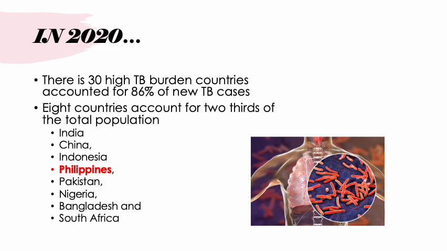Eight countries account for two-thirds of the total: India, China, Indonesia, Philippines, Pakistan, Nigeria, Bangladesh, and South Africa. Unfortunately, the Philippines is among the 8 countries that have a high TB burden.